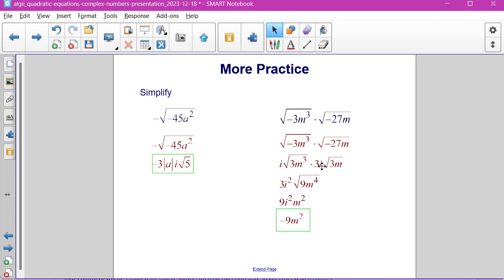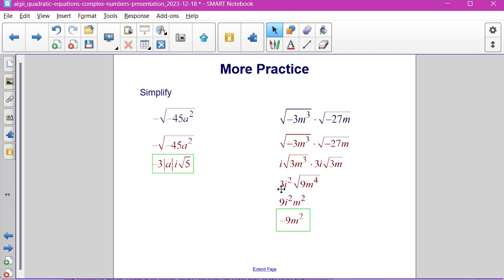So they brought out a 3i here and the i from this first radical. And then they multiplied 3i times i, which is 3i squared. And then they multiplied 3m to the third times 3m and got 9m to the fourth. And the square root of the quantity 9m to the fourth is 3m squared.